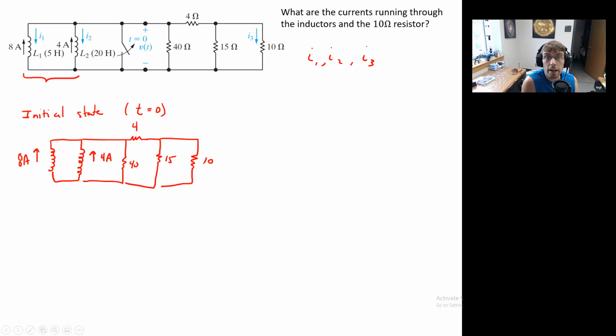So let's analyze this circuit to find out, at the moment that switch is open, what the currents or the potentials, if you prefer, in this circuit are.